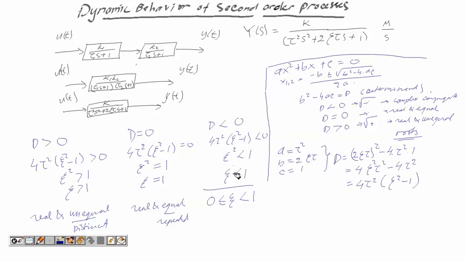But for the case zeta less than 1 but more than 0, the roots will be complex conjugate.